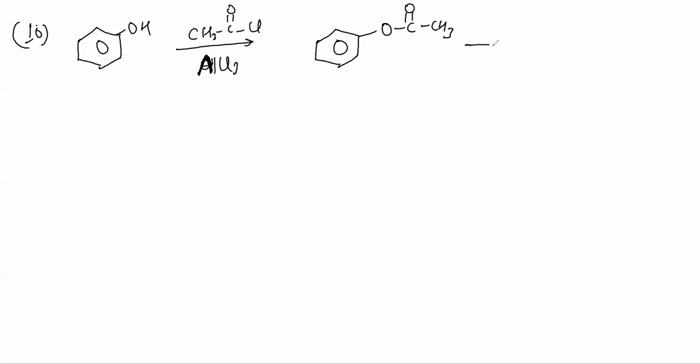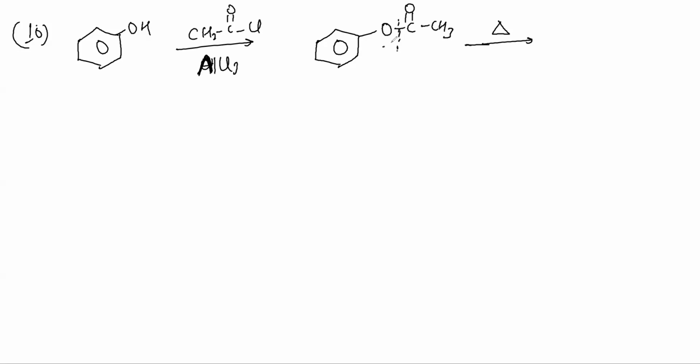Now what we have to do here, we will keep heating it. Now what will happen if we keep heating it? Because of heating, bonds will be broken. Let me tell you, breaking of this bond will be best.